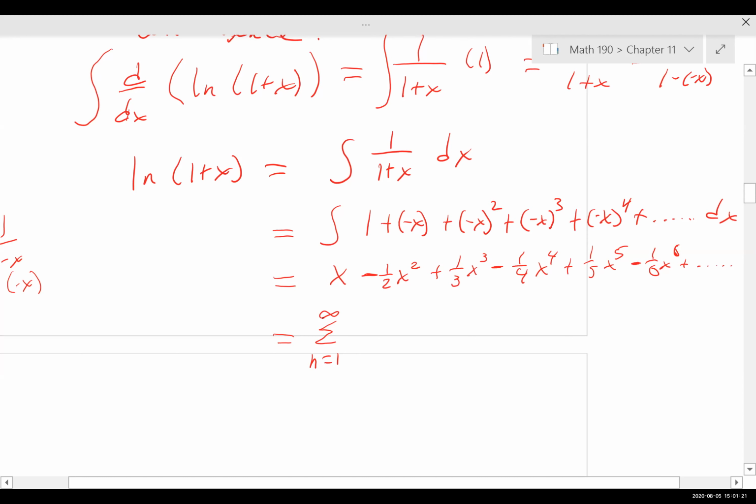I'm starting with a positive. So if I do alternating, I'm going to want an n minus 1 or an n plus 1. I'll go with an n minus 1 in this case. I just want to make sure that when I plug in my 1, this becomes positive, and I start on the right sign.